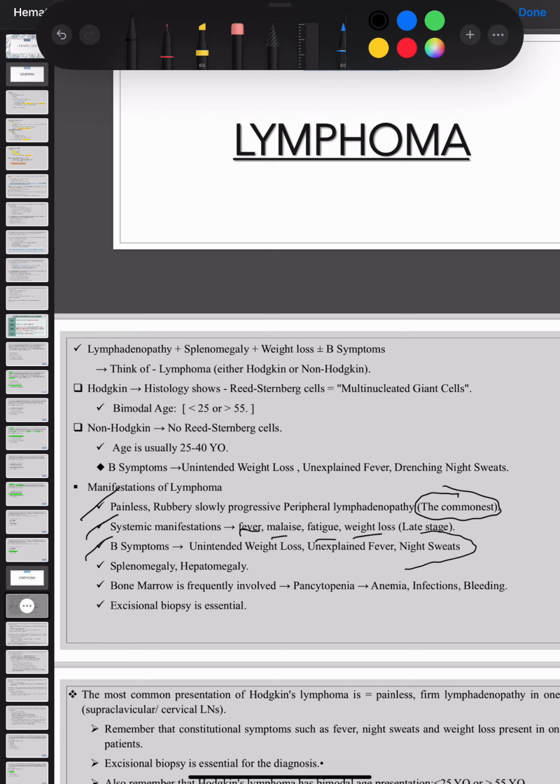Whenever we read night sweats, one disease that comes to our mind is tuberculosis. Yes, lymphoma does have night sweats, and they are drenching night sweats. Whenever a patient has a positive travel history from Southeast Asia, the first thing that comes to mind is that the patient might have tuberculosis, as Southeast Asia is a very large zone for tuberculosis.